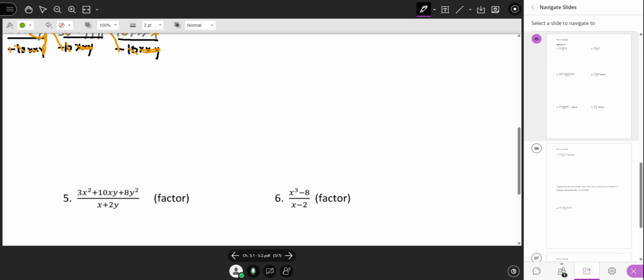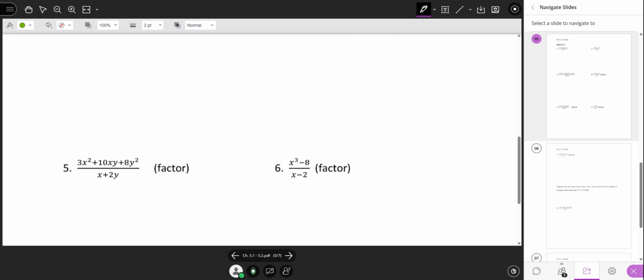I love that problem. And guess what? I can do that same shortcut on number next. Will it always work? No, but it will most of the time.